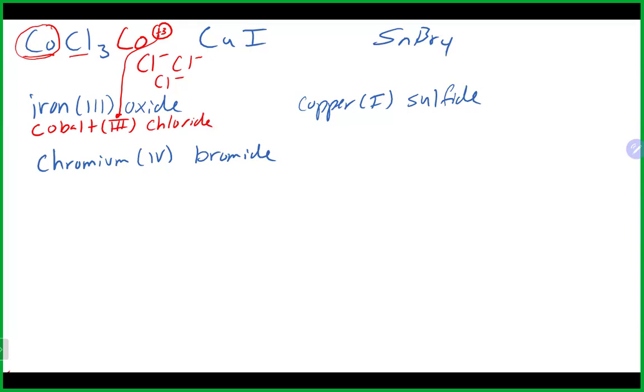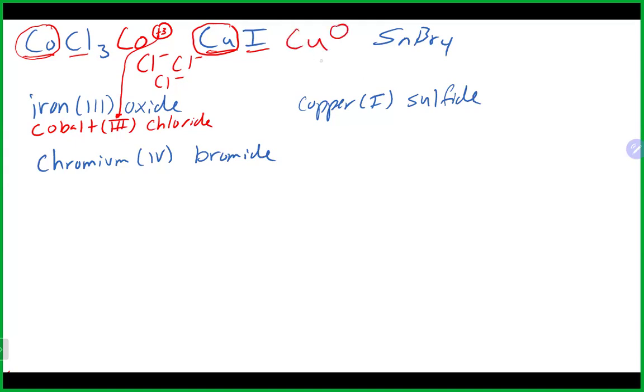Looking at the next one, Cu is not carbon, Cu is copper, which is a metal. I is iodine, which is a non-metal. So once again, that tells you it's ionic. We're going to look at our metal as our important guy there, and that's going to be a transition metal, number 29. And that means we have a variable charge.